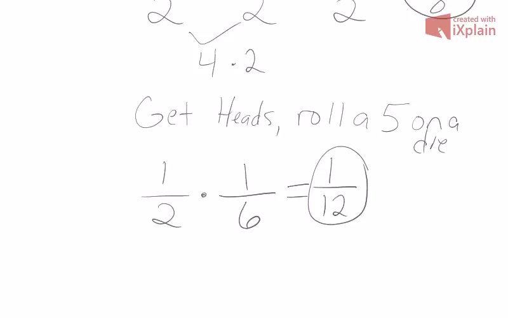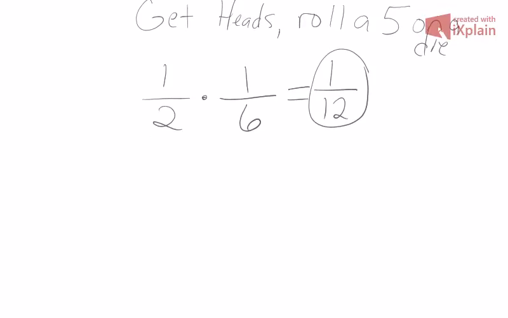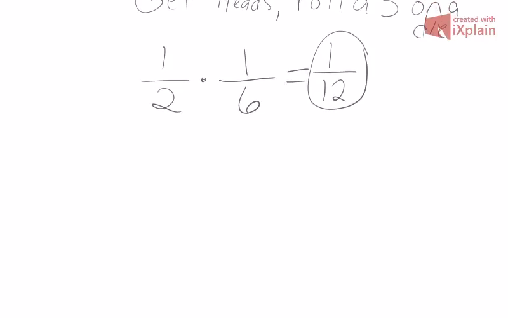We'll do one more example using cards because they like to ask questions using a standard deck of cards. So let's say I want to know the chance of drawing a jack and then a king.